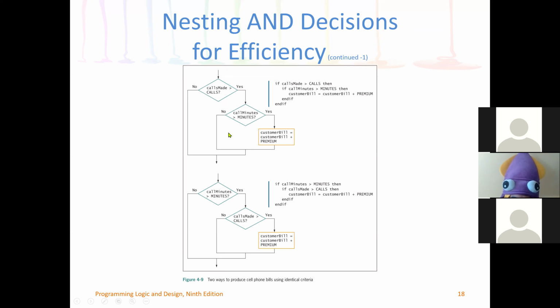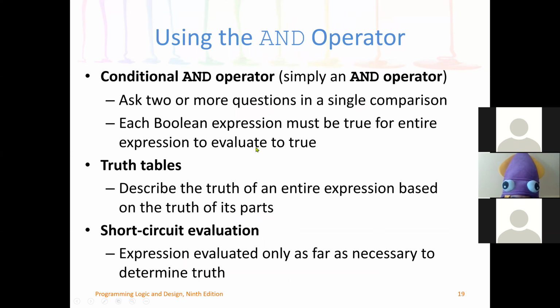For example, here we said the calls made is greater than calls and calls minute is greater than minutes, and everything will be in one condition. Then we execute it. So this again saves time. So the conditional AND operator, simply called AND operator, will ask two or more questions in a single comparison.